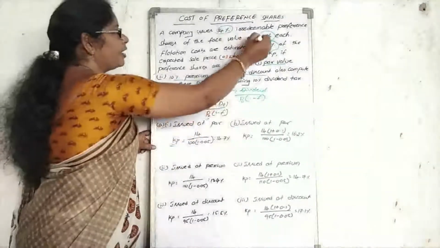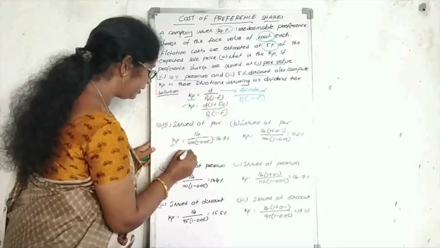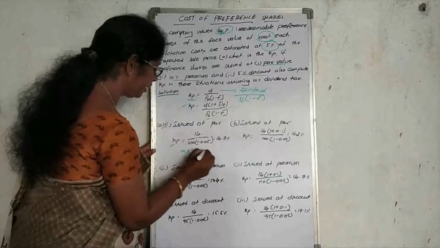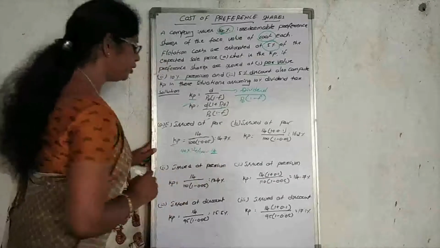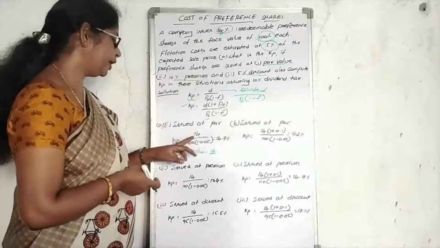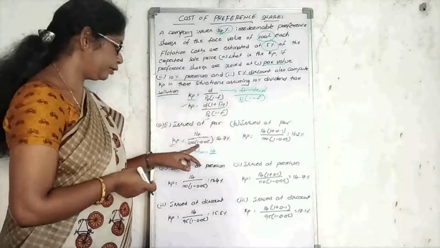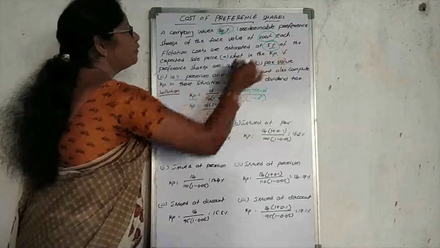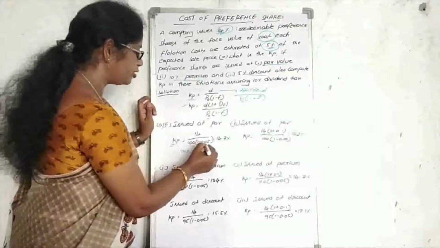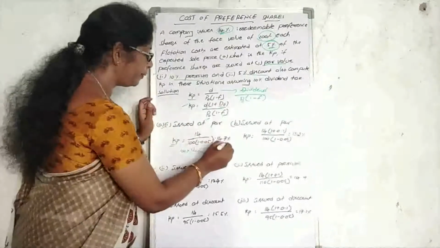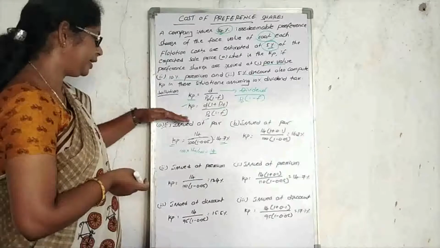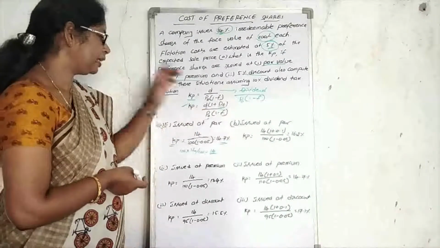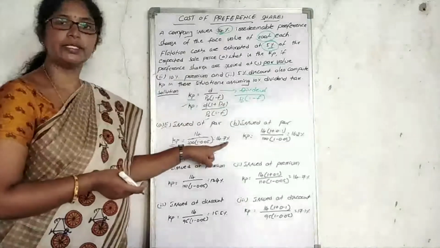The face value here is 100 into 14%, 14 divided by 100, that equals 14 rupees. 14 rupees is the dividend value. 14 divided by 100 into 1 minus 0.05. What is the 0.05? This is the flotation cost. So 1 minus 0.05, that equals 14.7%. So if preference share capital is issued at par, the cost of preference will be 14.7%.